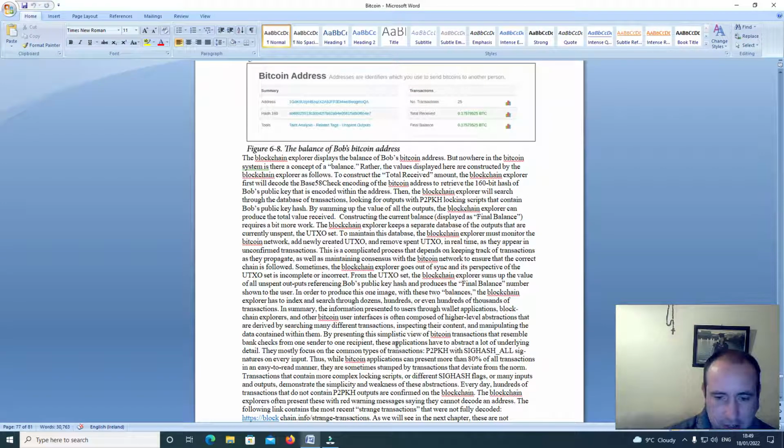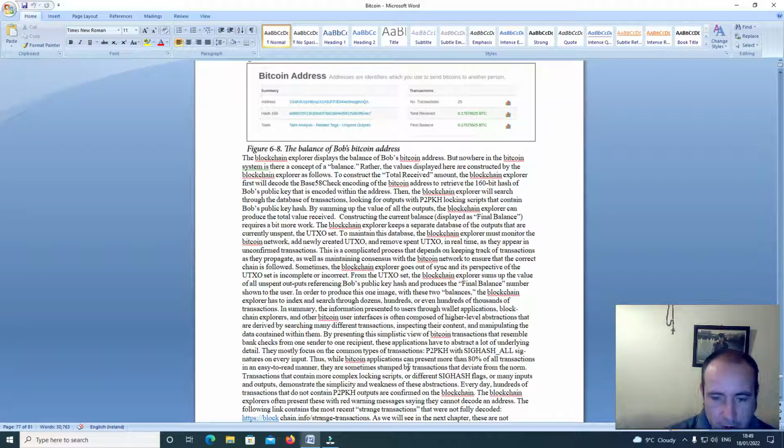By presenting this simplistic view of Bitcoin transactions that resemble bank checks from one sender to one recipient, these applications have to abstract a lot of underlying detail. They mostly focus on the common types of transactions, P2PKH, with SIGHASH_ALL signatures on every input.